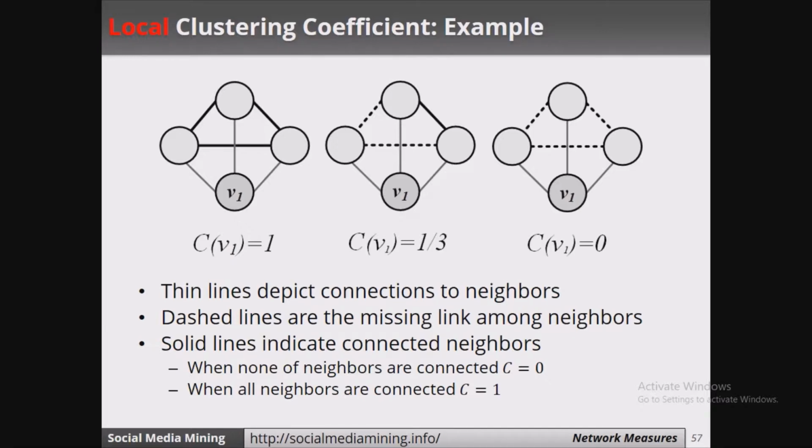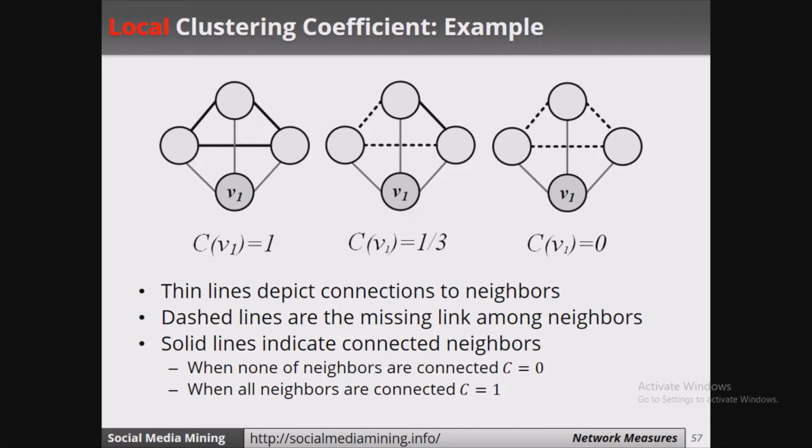Let's see an example now. We have three graphs here and we are trying to find the local clustering coefficient of V1 in all these three graphs. So C of V1 is 1 in the first graph. Let's find out why. Here V1 is connected to 3 nodes, right?